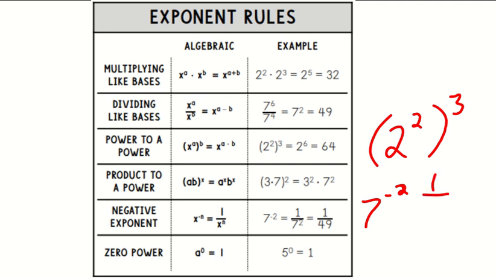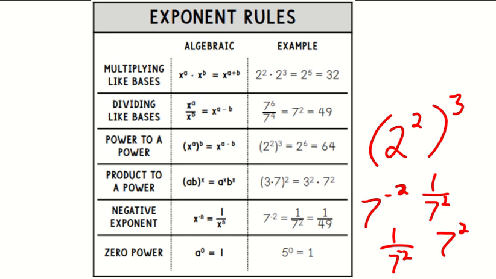It becomes 1 over 7 squared. If I had 1 over 7 to the negative 2, it becomes 7 squared on top. It'd be over 1, I don't need to write the over 1 though. Everybody follow what I'm saying? So negatives flip it. If it was on the bottom, it goes to the top. If it's on top, it goes to the bottom.